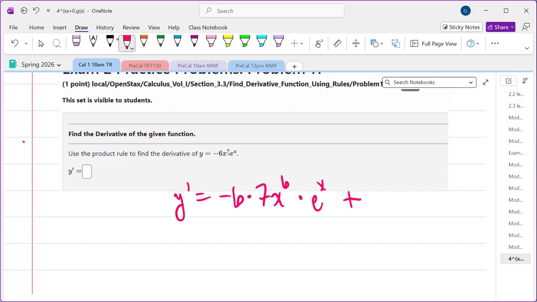Plus, now I keep negative 6x to the 7th the same. And I multiply by the derivative of e to the x, which is e to the x.